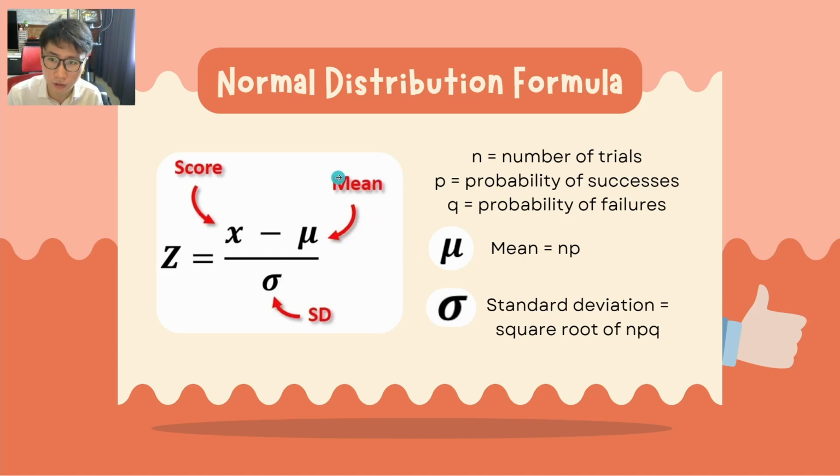The mean is the average of all the probabilities, and X is the score we're trying to count. Here, this is how you calculate the mu and the standard deviation. The mean is the number of trials times the probability of success. And for standard deviation, it is the square root of the number of trials times the probability of success times the probability of failure.